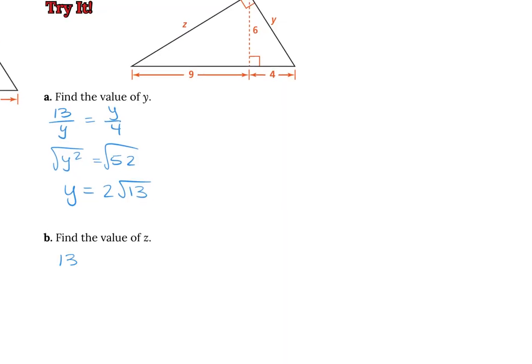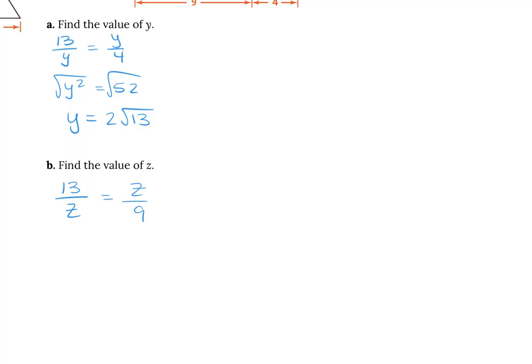So 13 over z equals, or we're looking for z, sorry, z over 9. Cross multiply. Square root. So z will end up equaling 3 square root 13.